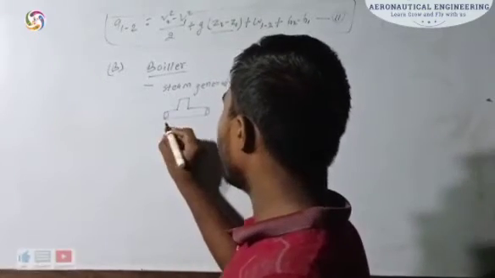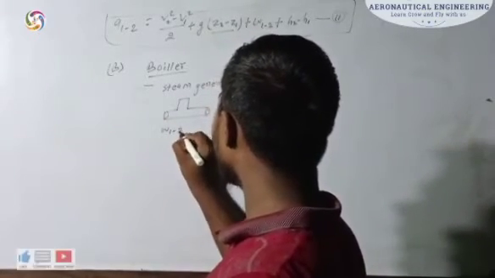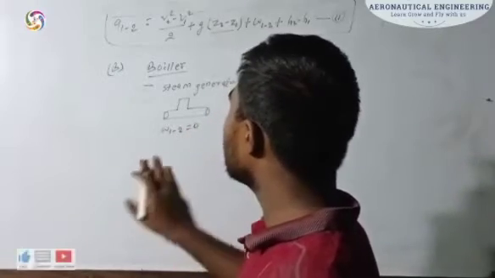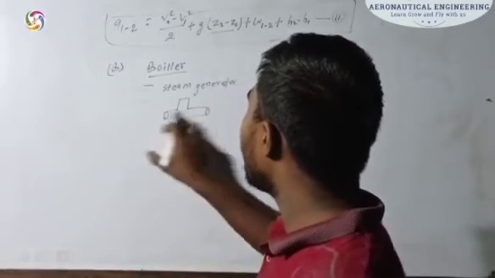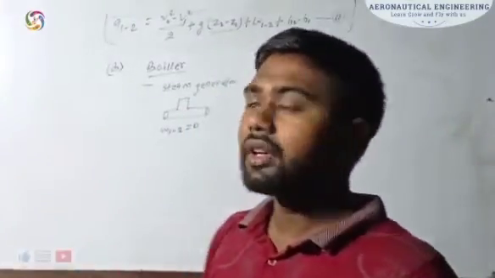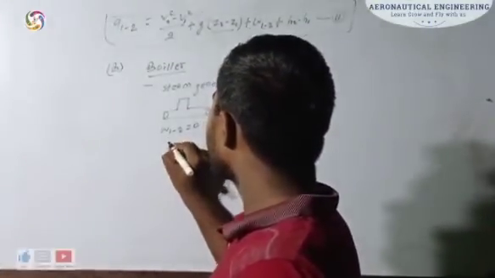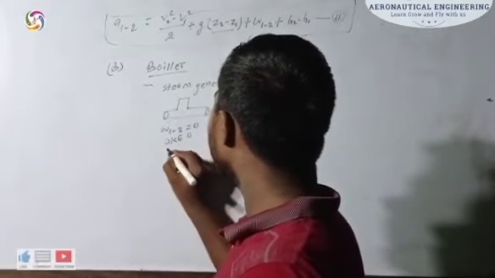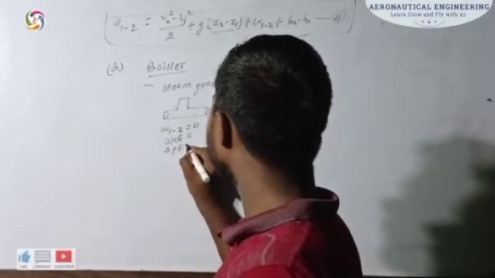In the case of a boiler, there is no work done, so work done is 0. The velocity at inlet and outlet of the boiler is very small, so it is negligible. So kinetic energy becomes 0, and potential energy also becomes 0.